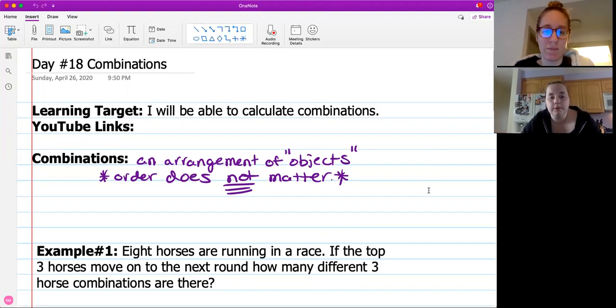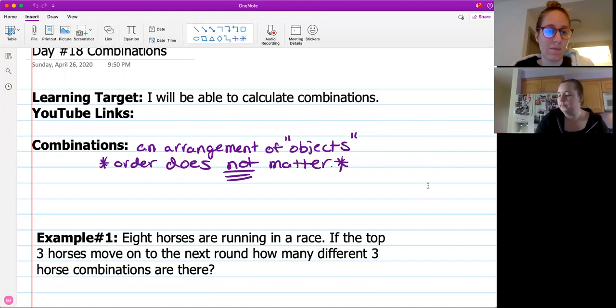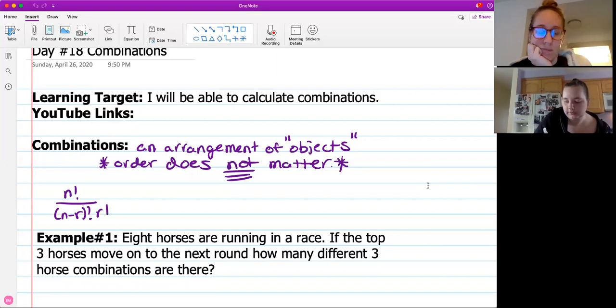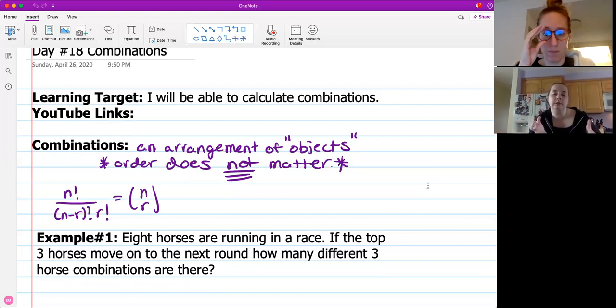So your formula for combinations is that factorial piece from your binomial theorem. So it's n factorial over n minus r factorial, r factorial. And this is equal to n choose r, because you're taking out of the number of objects you have, you're choosing a certain number of them.